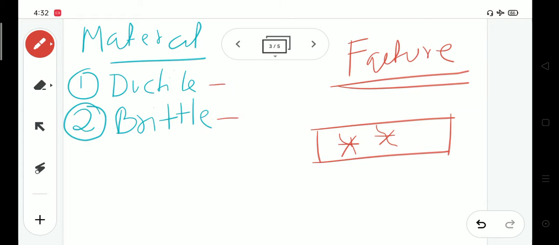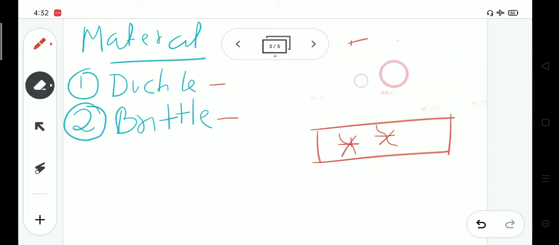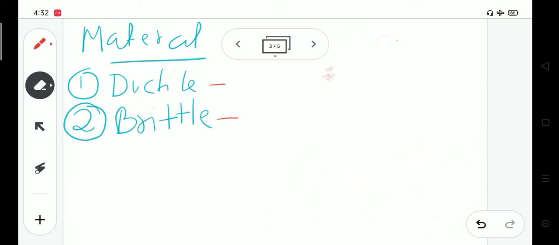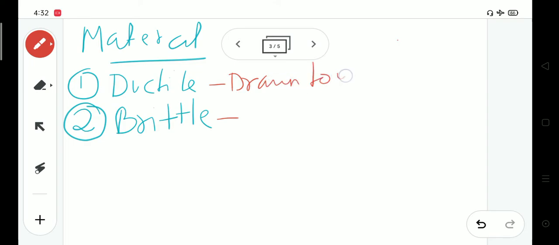Number one, ductile. As per the definition, a ductile material can be drawn into wire. That means you can make wires, or it is stretchable.